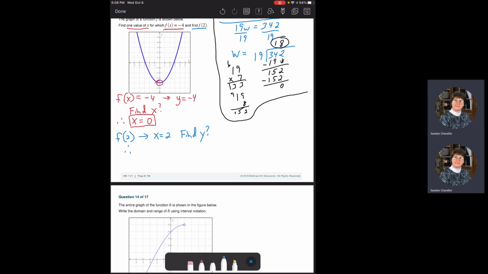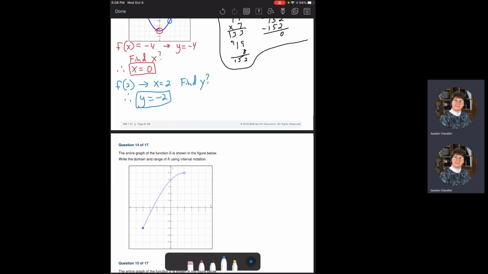When x is 2, go down till you find where the 2 and the line meet, and we see that -2 is our y. So that's what they're looking for there.